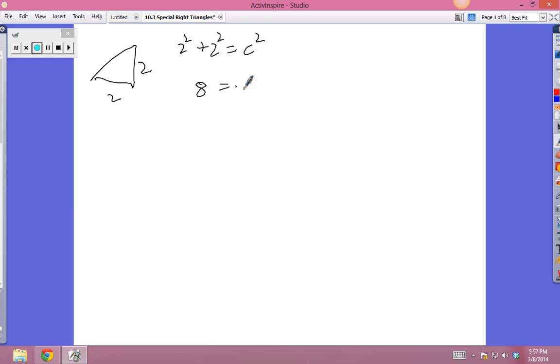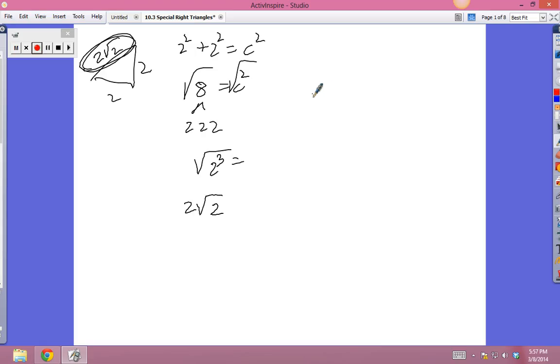So 8 equals c squared, square root, square root. But 8 has some squares in it. 8 is the same as 2 times 2 times 2. So it's the square root of 2 cubed. So it is going to be 2 square roots of 2. So the hypotenuse is going to be 2 square roots of 2.